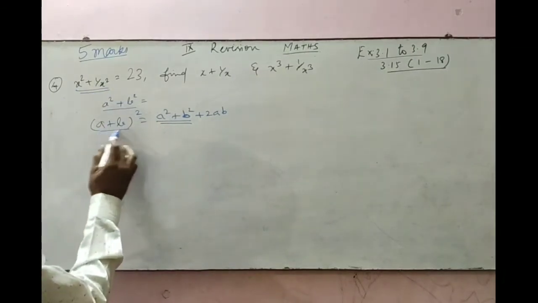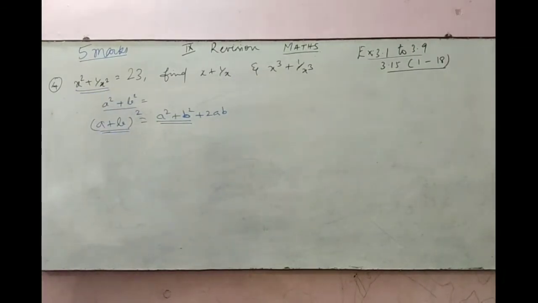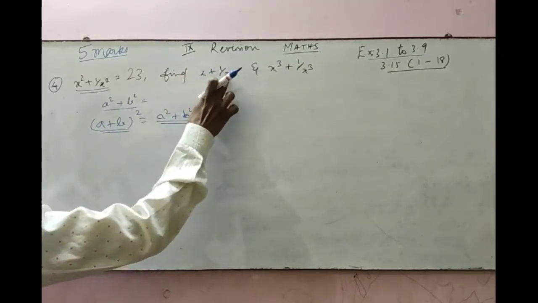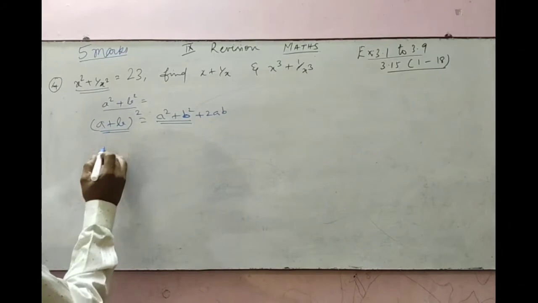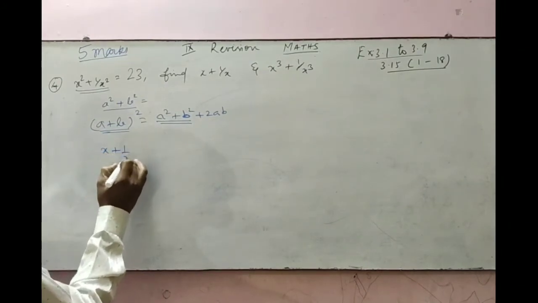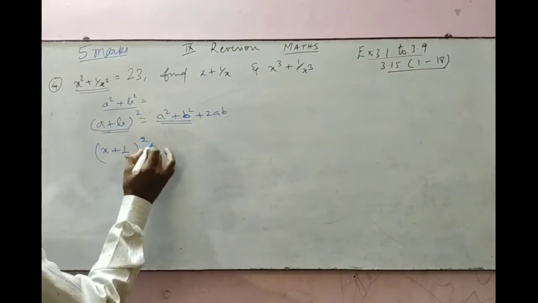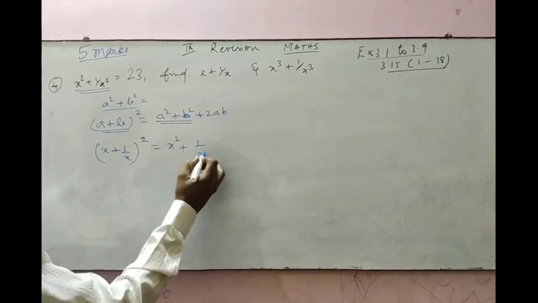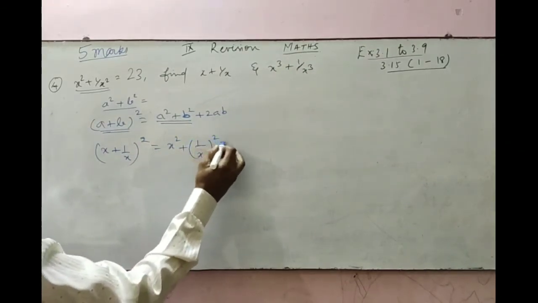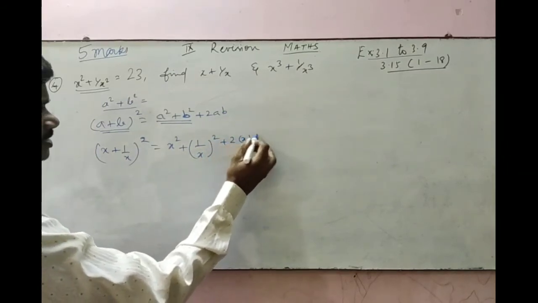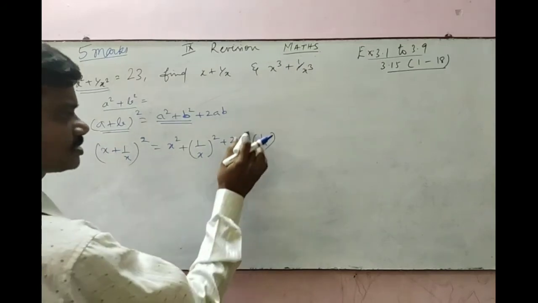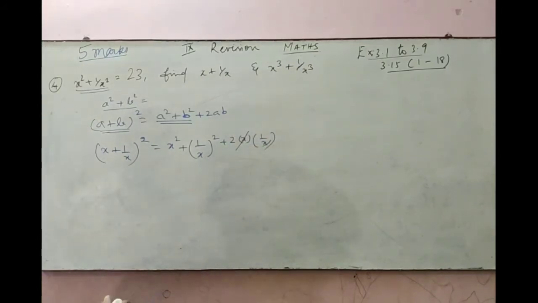But I am going to arrive at this a plus b. Instead of a, I am going to use x. Instead of b, I am going to use 1 by x here. You will get x plus 1 by x whole square equal to x square plus 1 by x whole square plus 2 into x into 1 by x. Here x and x get cancelled.